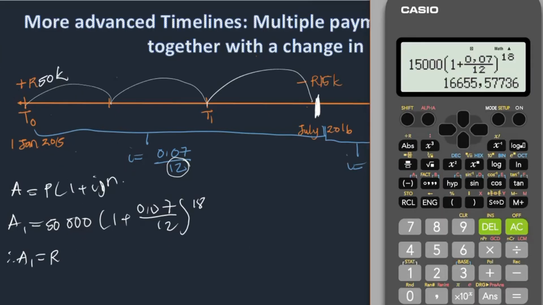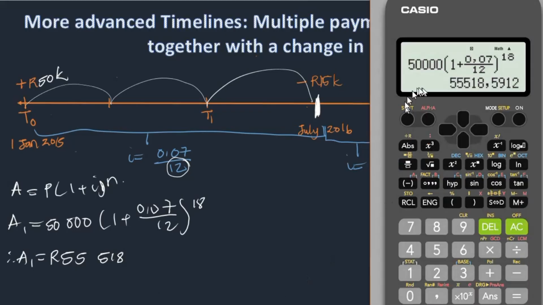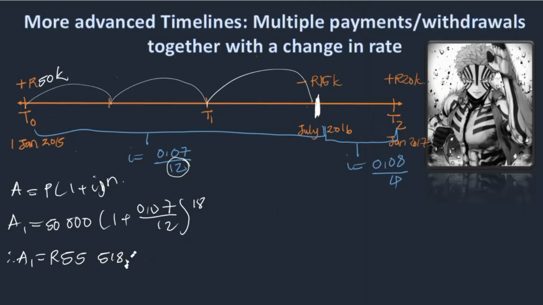Let's take out a calculator there. This needs to be 50,000. There we go. I have 55,518. Any decimals? 55,518.59. And what needs to happen here? I need to withdraw this 15k.